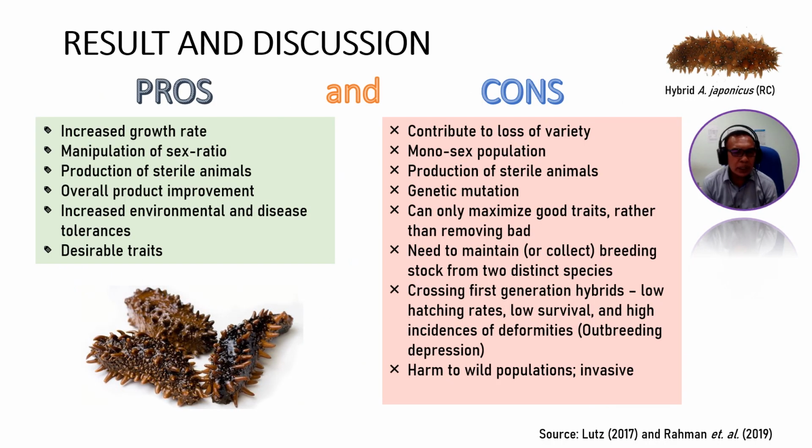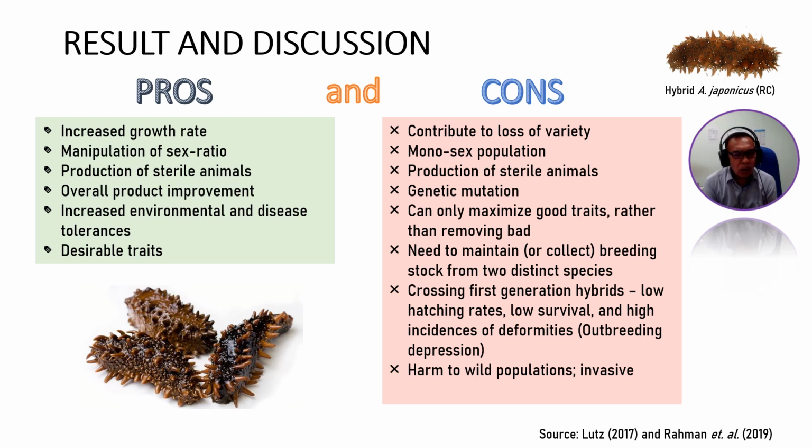The technique has its pros and cons. For its pros, it can increase the growth rate through manipulation of sex ratio, where we can reduce unwanted reproduction that will cause overpopulation and stunting.